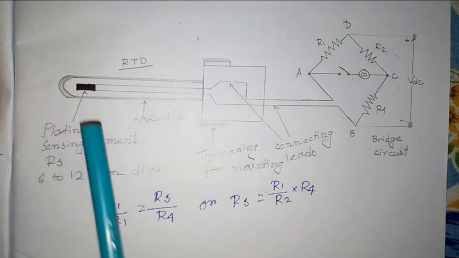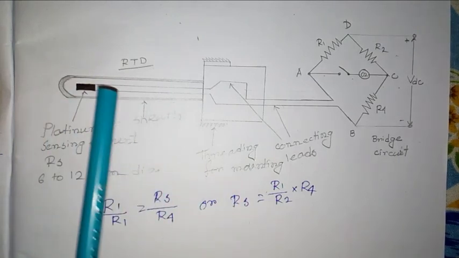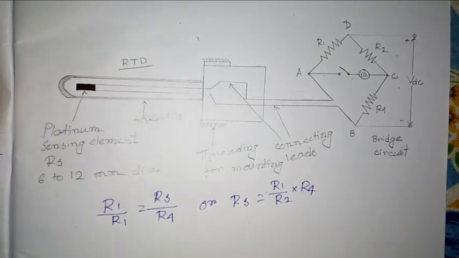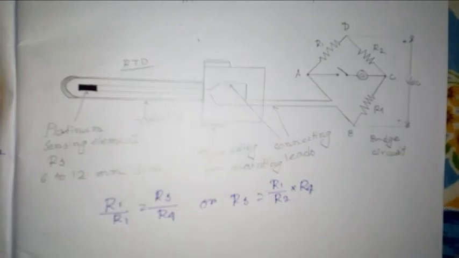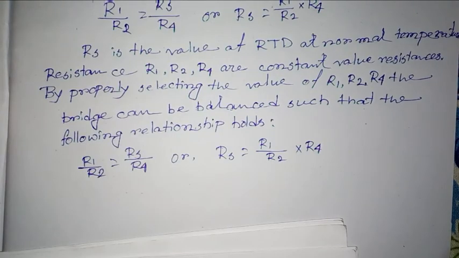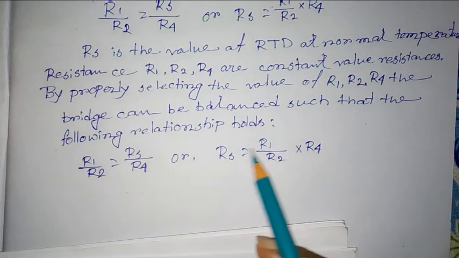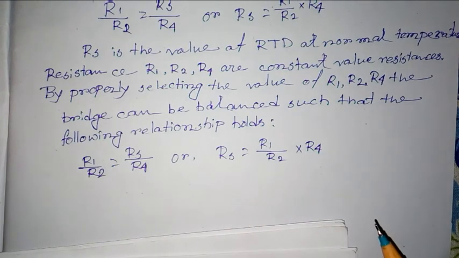Rs is the resistance of the platinum sensing element at normal temperature. The value of resistance Rs will be increased because of the small resistance of the lead wires.